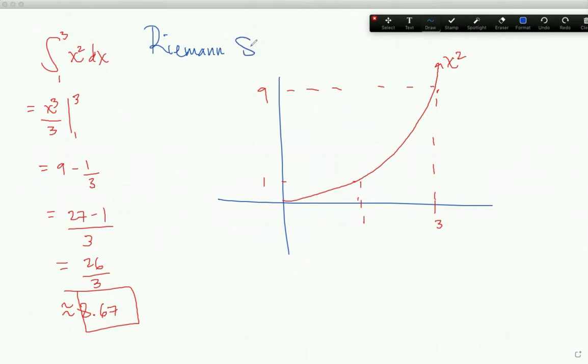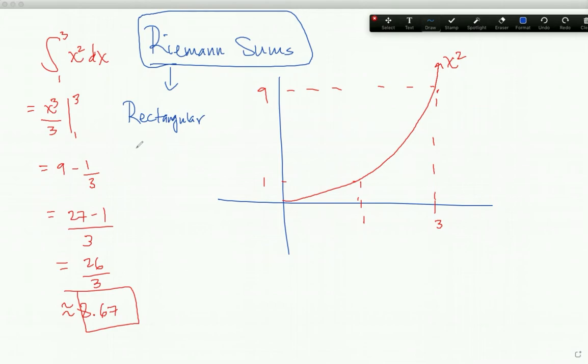Riemann sums means rectangular approximations of area.